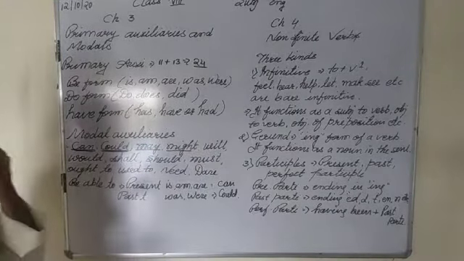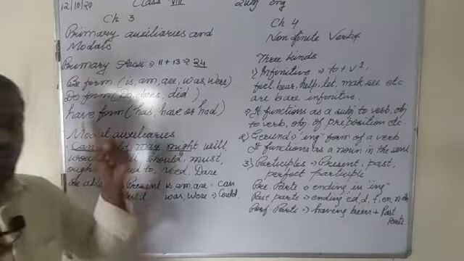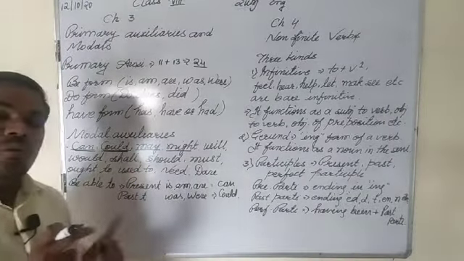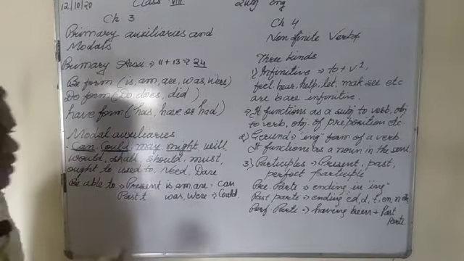Now might is the past form of may. It is used to show purpose, permission with agitation and remote possibility.